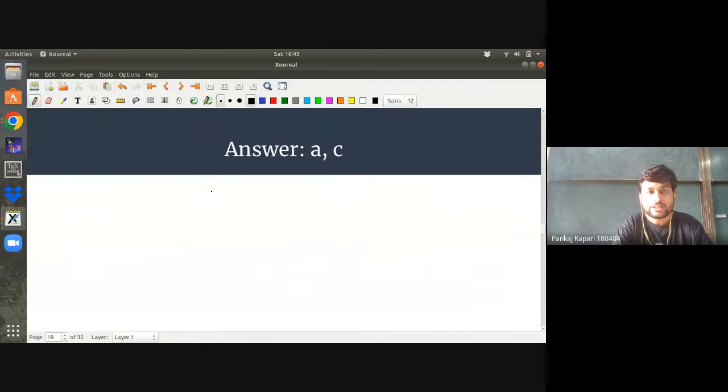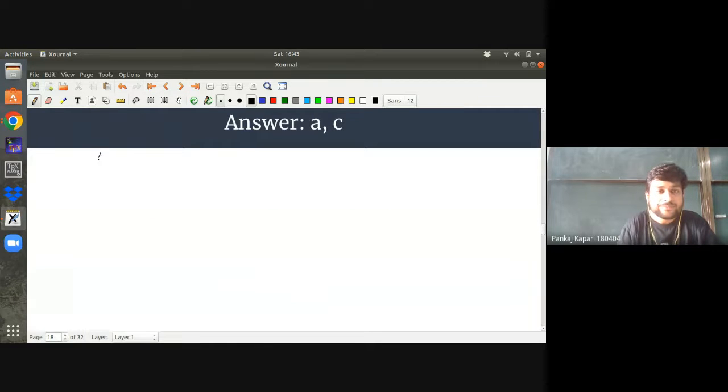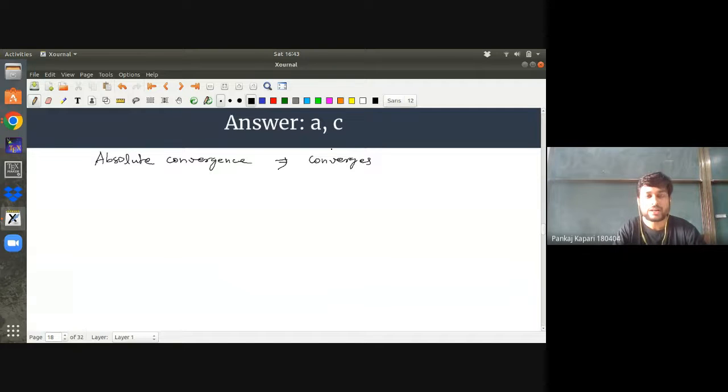Okay, and now there is a result that says that absolute convergence implies convergence. So if an improper integral converges absolutely, then it will also converge.